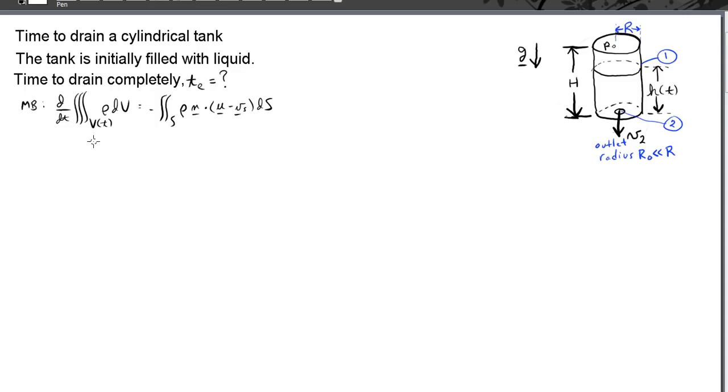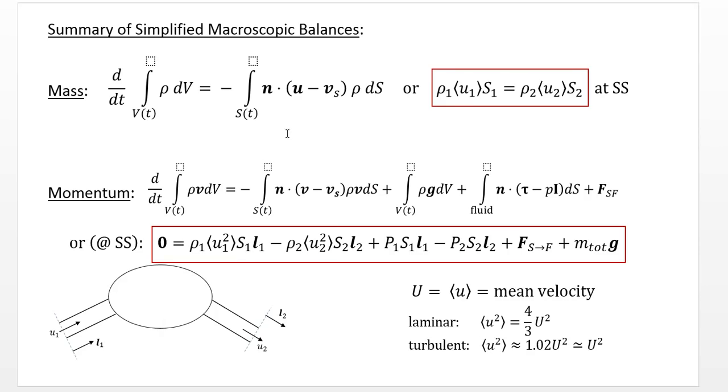So that's the general form of the macroscopic mass balance, and for reference we can look at our handout.